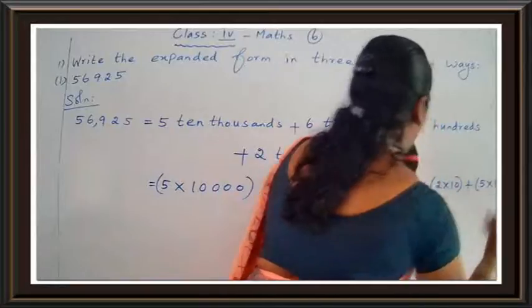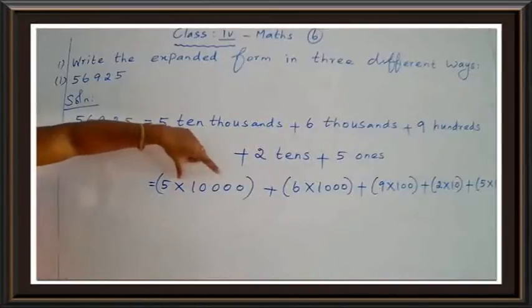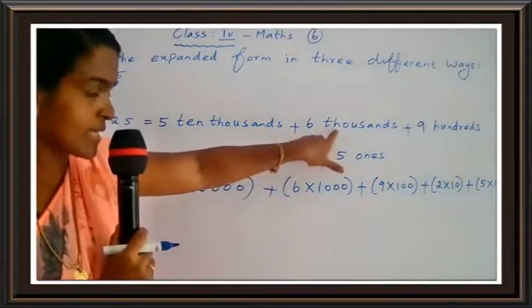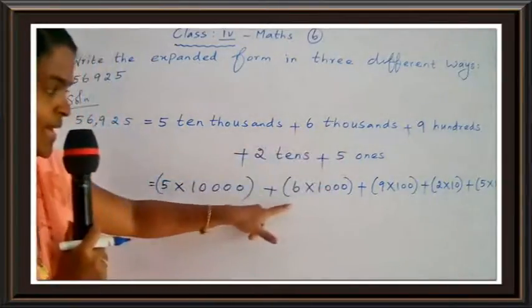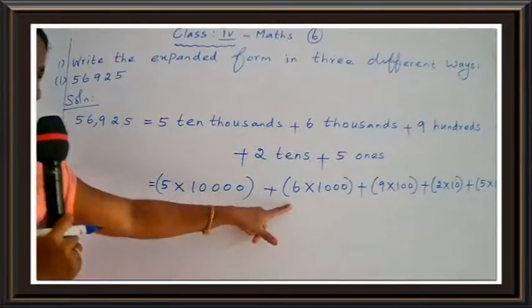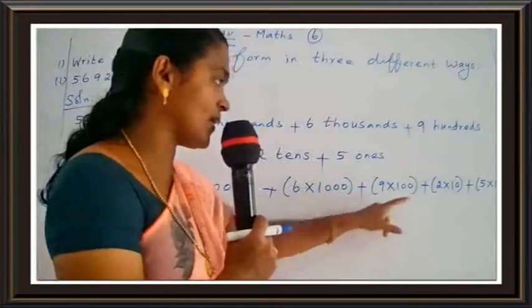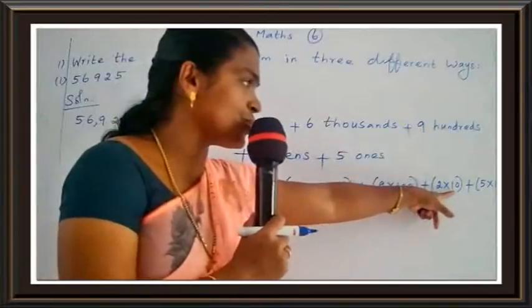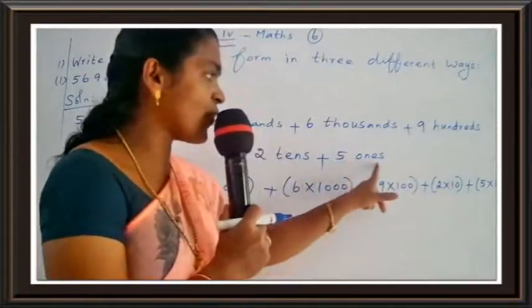Okay, children. 5 10,000s means 5 into 10,000, plus 6,000s can be written as 6 into 1,000, 900s can be written as 9 into 100, 2 tens can be written as 2 into 10, 5 ones can be written as 5 into 1.